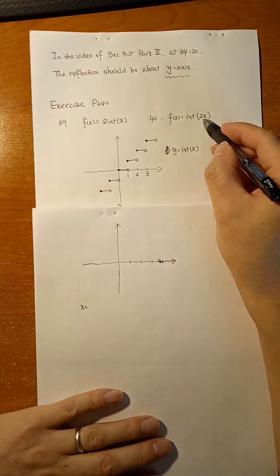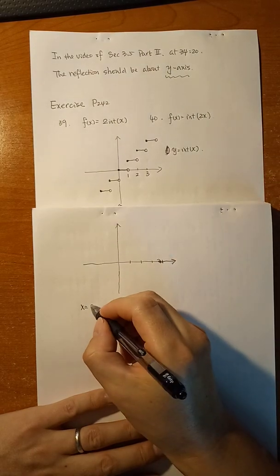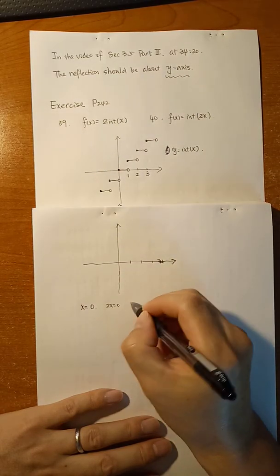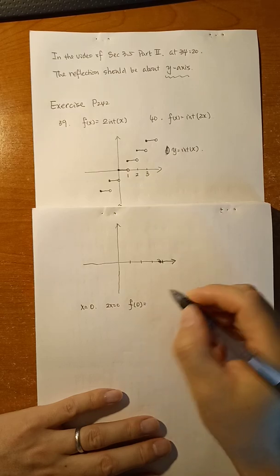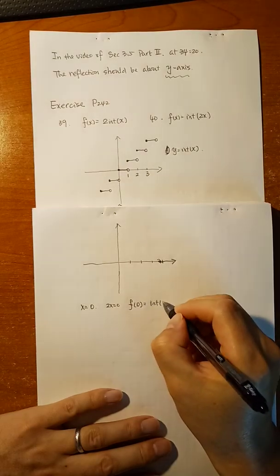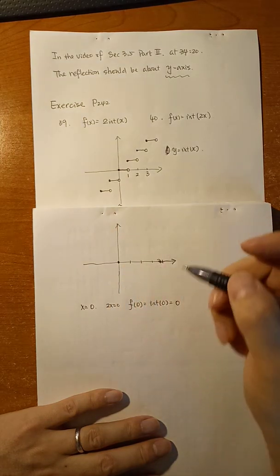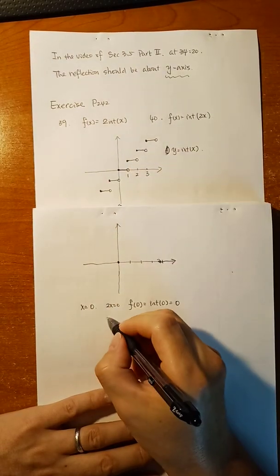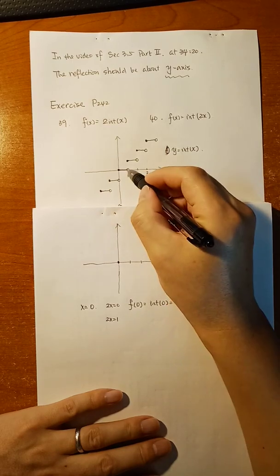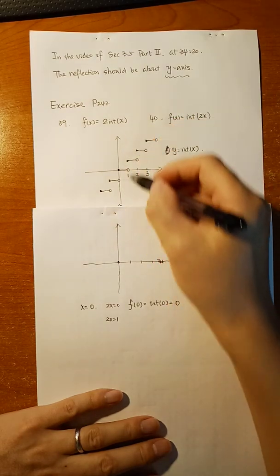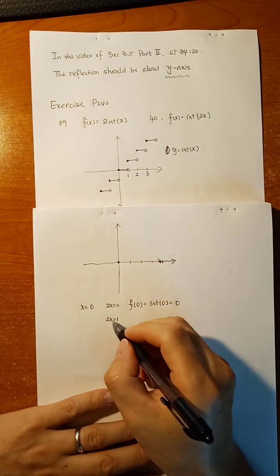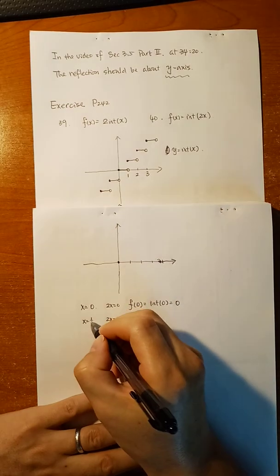How do we get 0 from 2x? Then x is 0. x is 0, 2x is 0. Then f of 0 is the integer part of 0, which is 0. So 0 is still here. And then we need 2x equal to 1 because at 1 you have a change. 2x is equal to 1, x is 1/2.